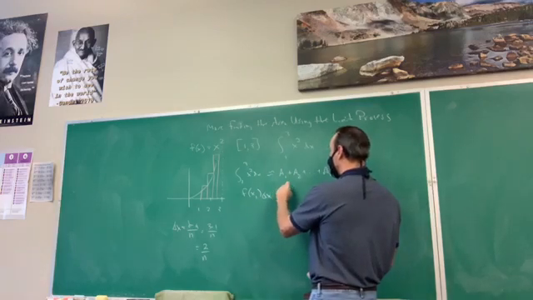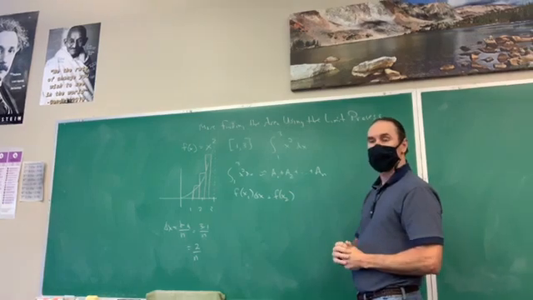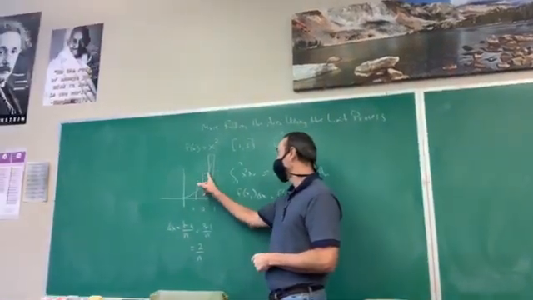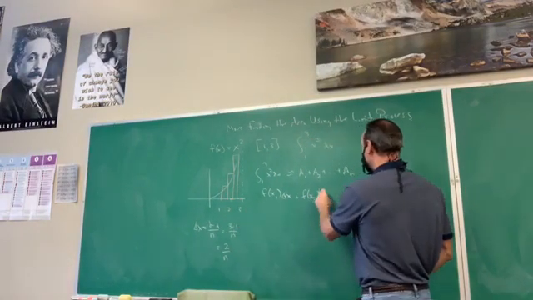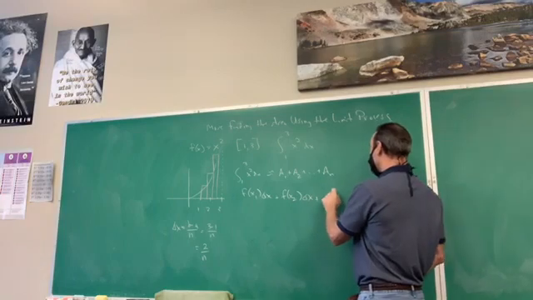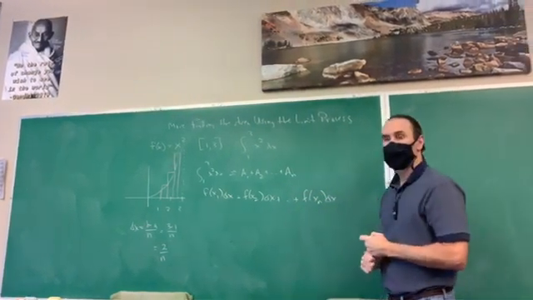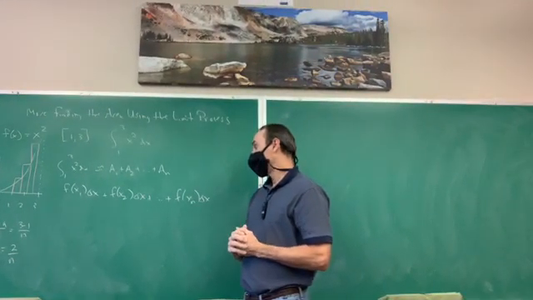And then we'll get our second rectangle. So we're going to figure out what's the x value. How are we going to name that x value that we're going to plug into the function to get the height of the second rectangle? And that's going to be times that delta x. And we're going to do that all the way out to the nth one. So our nth rectangle is going to have a height of f of x of n and a width of delta x.